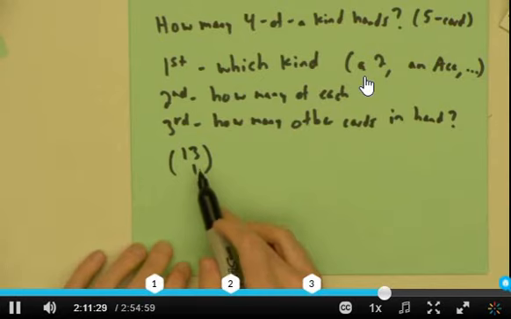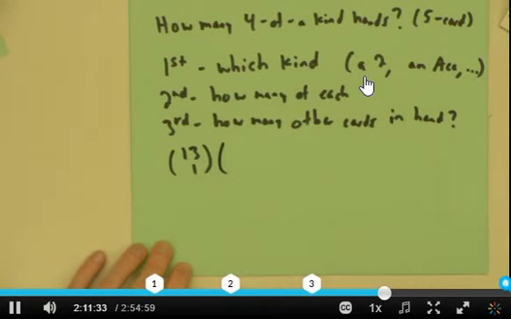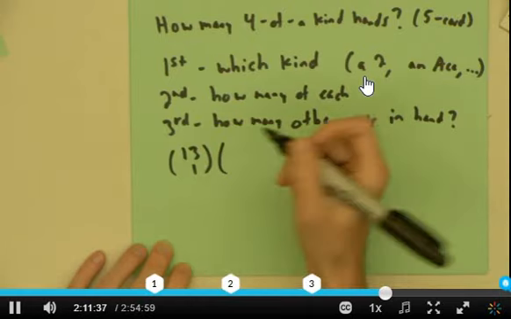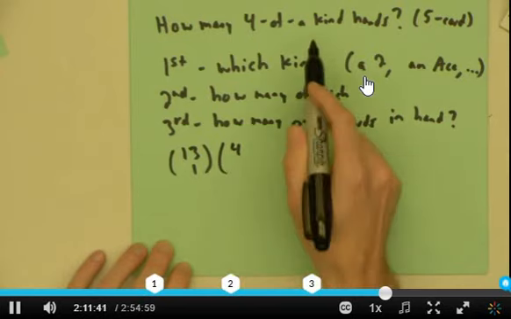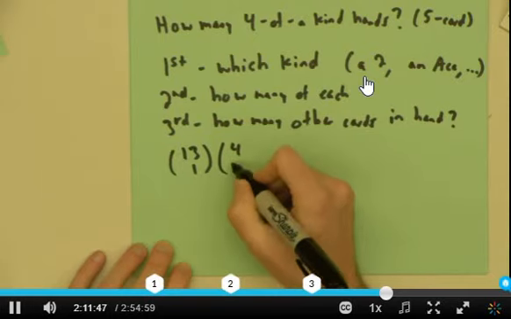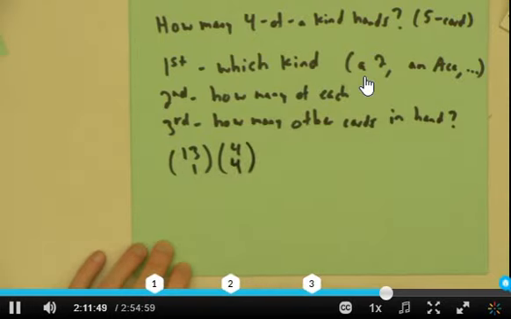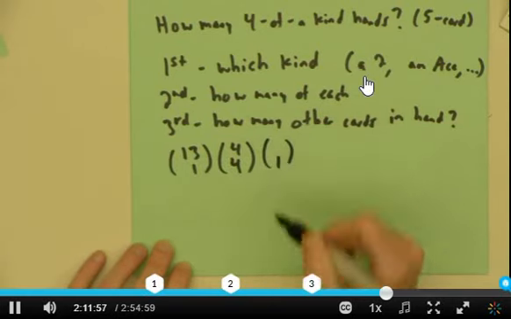Once I've picked which kind, how many of that kind are there? 4. Right, so if it's jacks, there's 4 jacks to choose from. How many do I need in my hand to have 4 of a kind? 4. All right. How many other cards are in my hand? 1. 1 card.